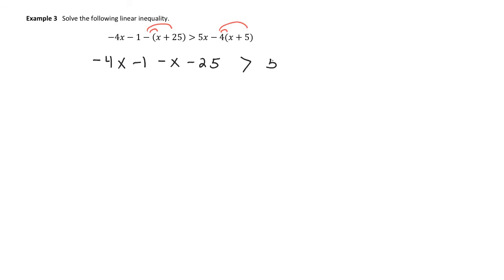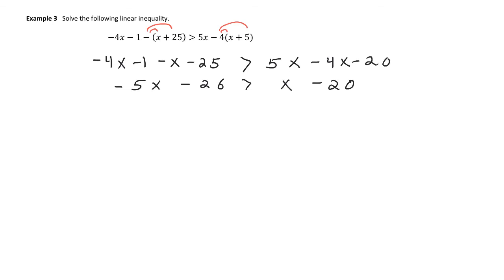On the right, we have 5x. We get minus 4x minus 20. So everything's now multiplied out, and I can start combining some like terms. On the left, we have negative 5x minus 26, still greater than, and then we have x minus 20.